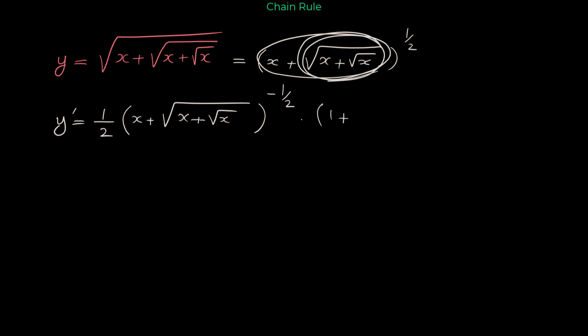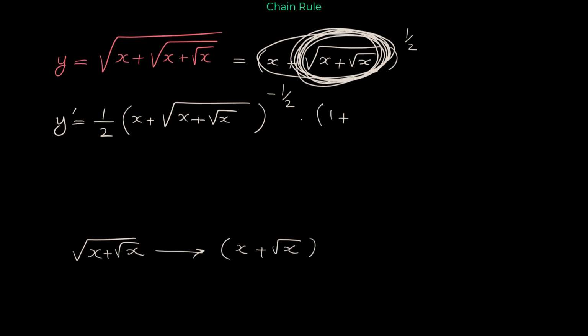Now we have to focus on this. We have to find the derivative of radical x plus radical x. Let me rewrite radical x plus radical x here. Attention, you can rewrite this as x plus radical x to the power of 1/2.